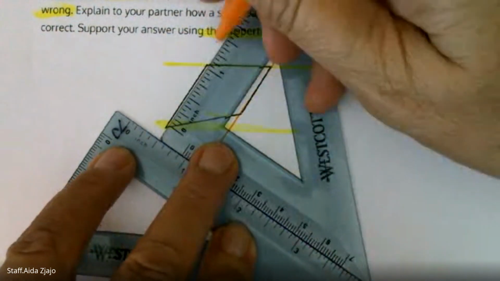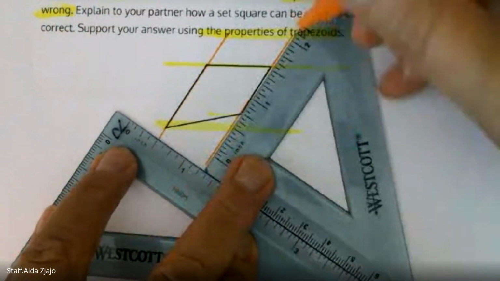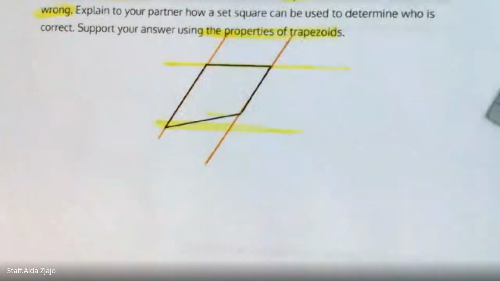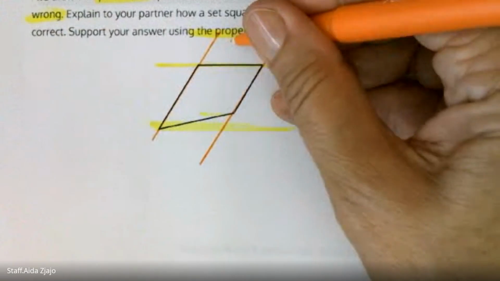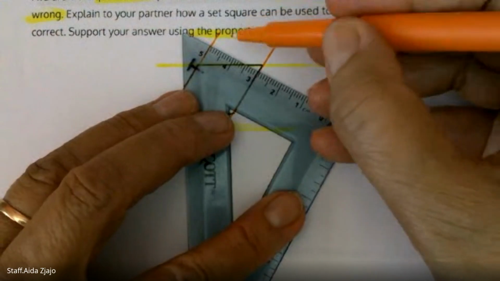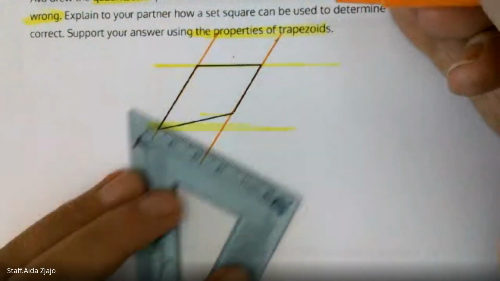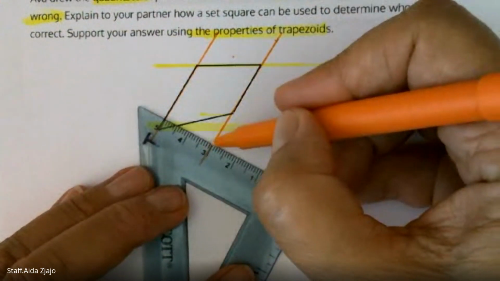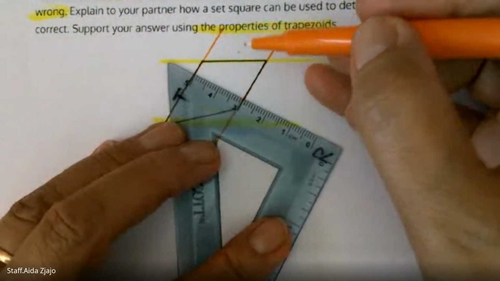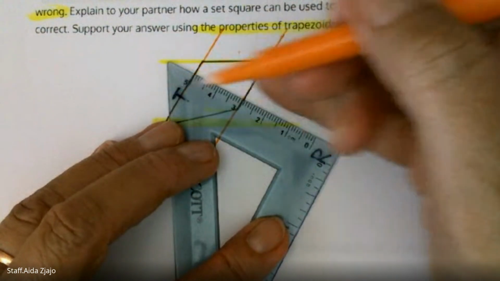So this is a pair of parallel lines. The distance between the lines is always going to be the same. If I measure here, this is 2 centimeters. If I measure here, that's 2 centimeters. If I measure here in the middle, the distance is always 2 centimeters.